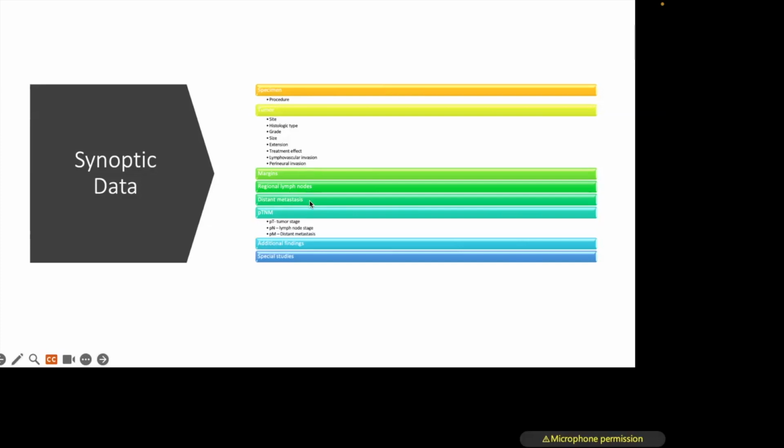So distant metastases means that the tumor is no longer confined to the pancreas or the regional lymph nodes. It has moved past that. So it's either involving the liver or it's involving the lungs. And then any additional findings and special studies.